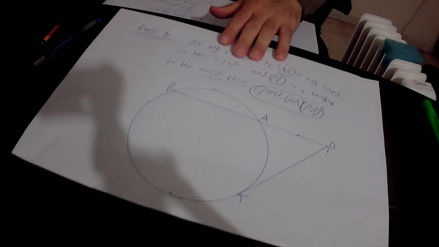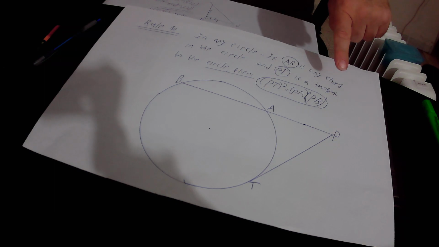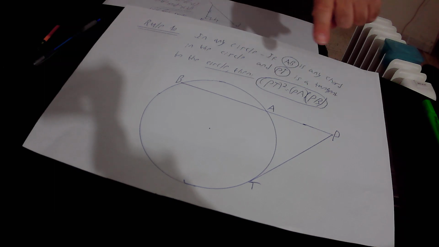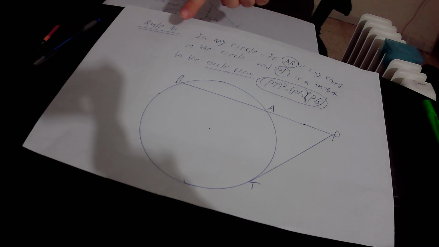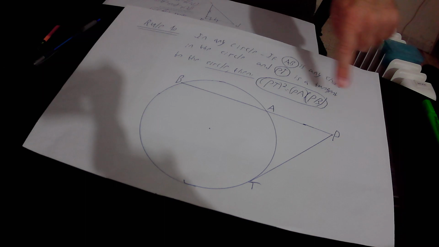We have here tangent PT, tangent to the circle at point T, and line segment PB that cuts the circle at points A and B. So AB is a chord inside the circle.